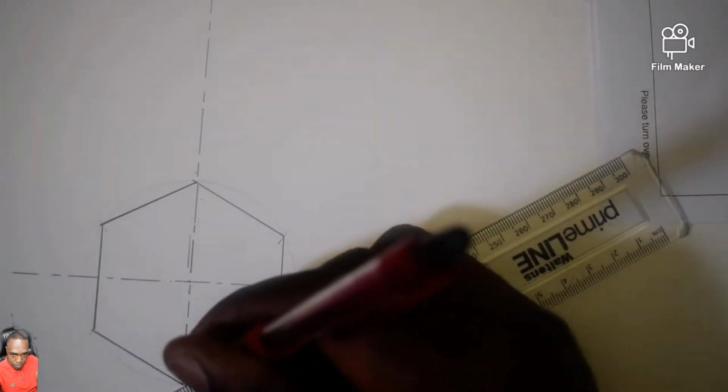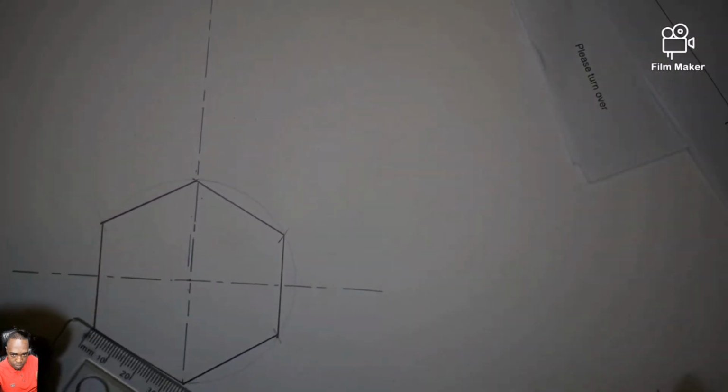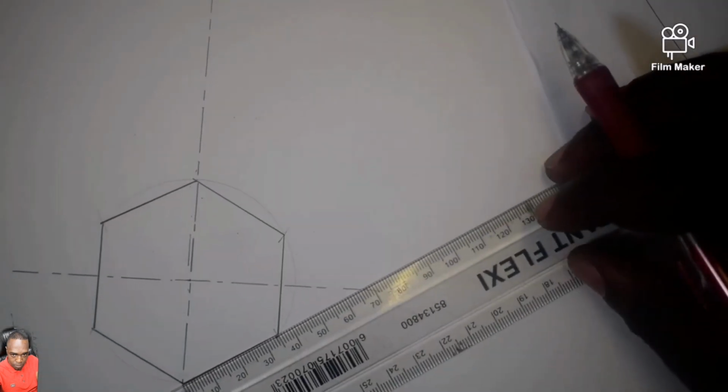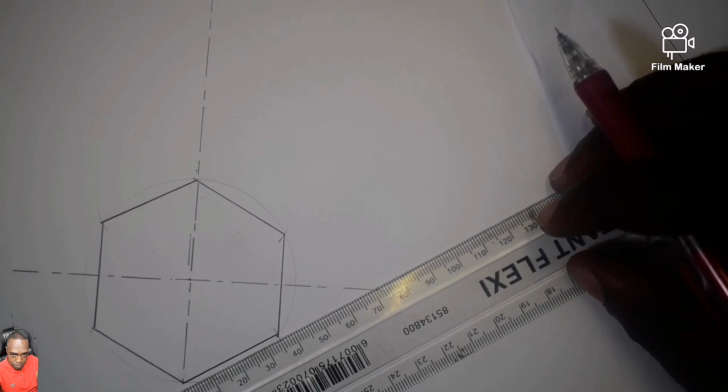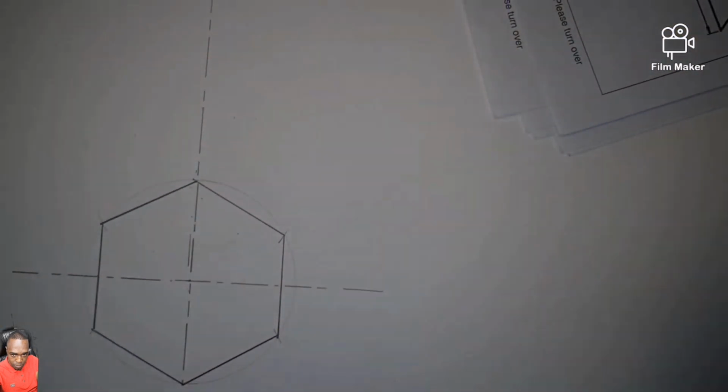Now let's check, is it 35 millimeter? From here till here, there is my 10, 20, 30, 35, 40. So 35 is correct. 35 millimeter correct. That's how we draw an across-the-flats hexagon.